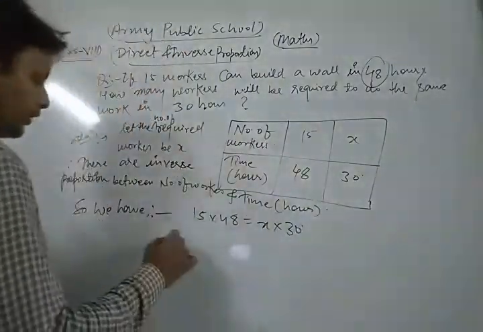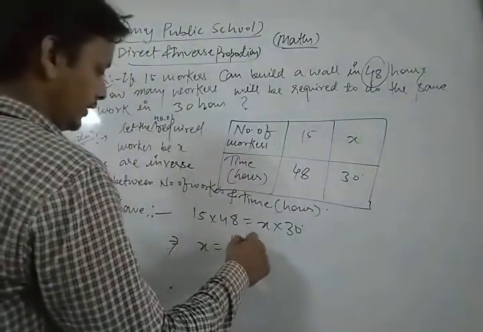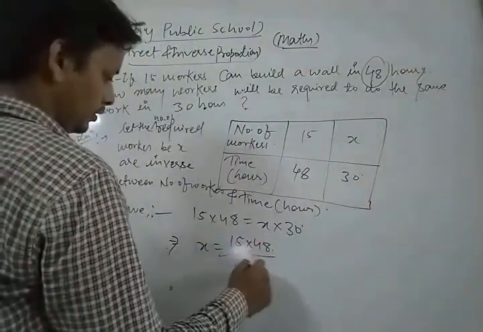So from there we find the value of x, that is 15 into 48 upon 30.